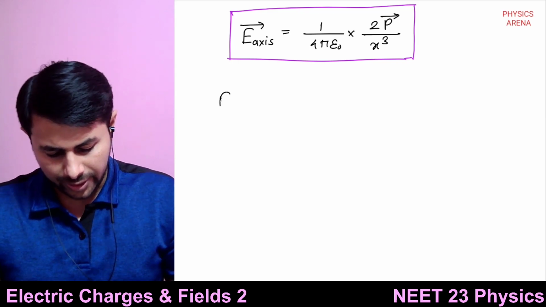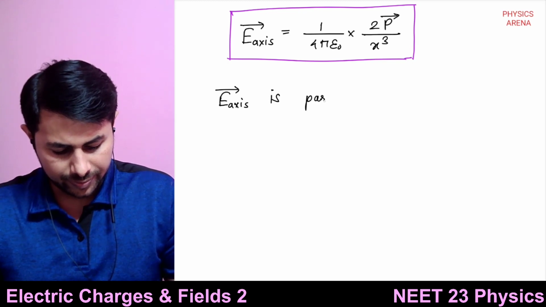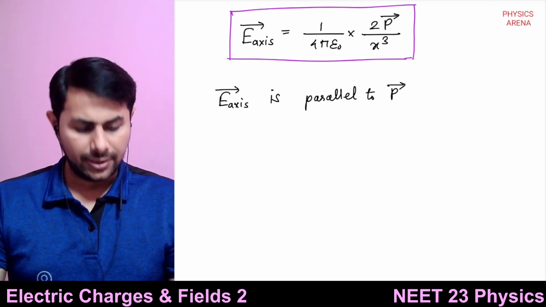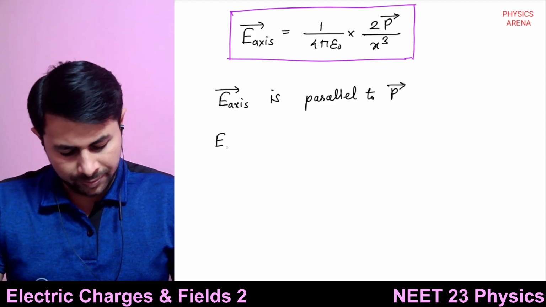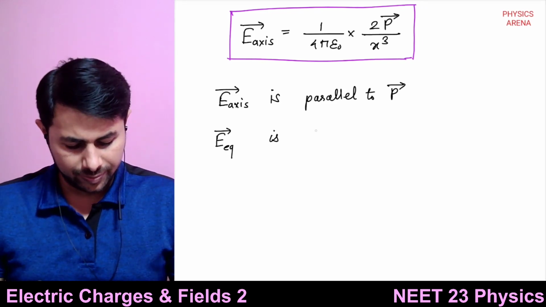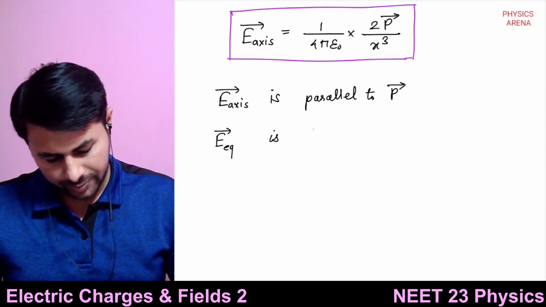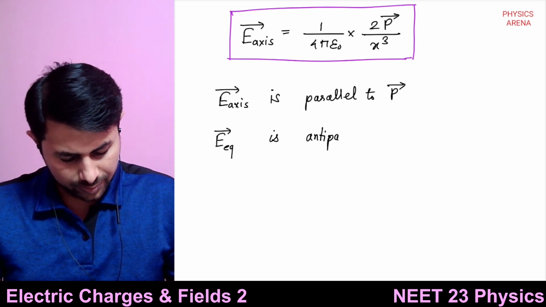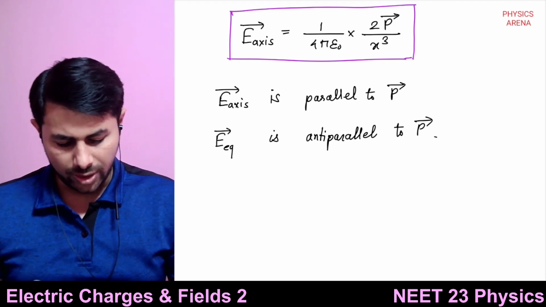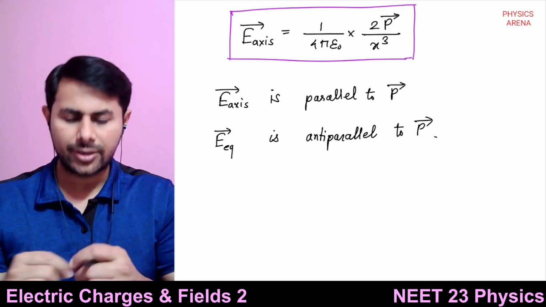Okay, so E axis is parallel to P bar, right? E equatorial is opposite to P bar, or you can say anti-parallel to P bar.